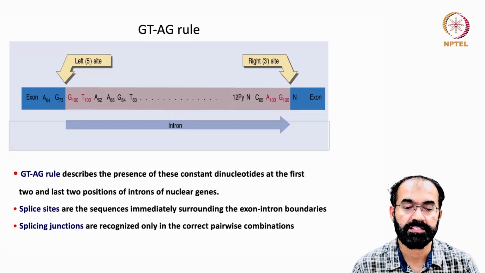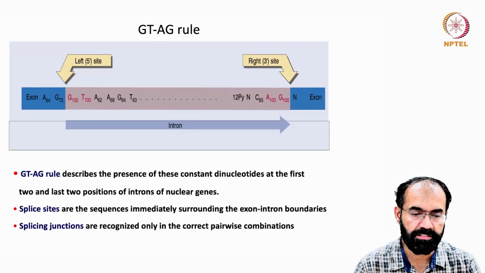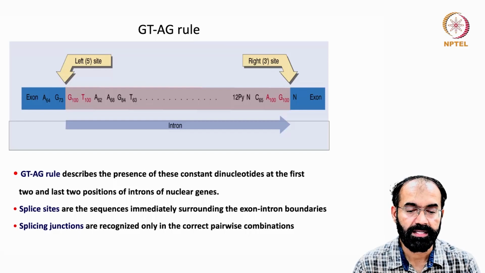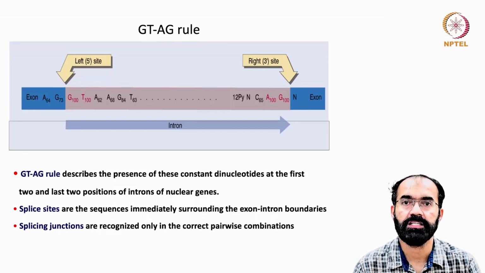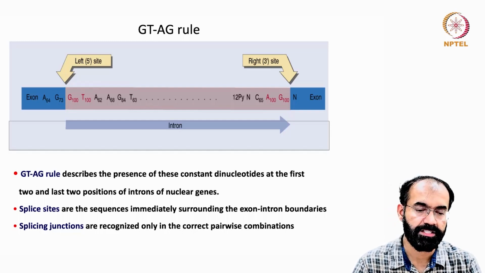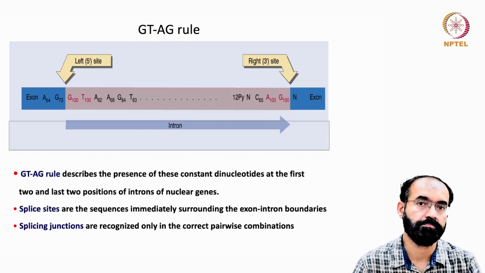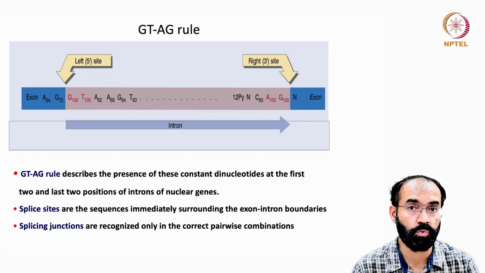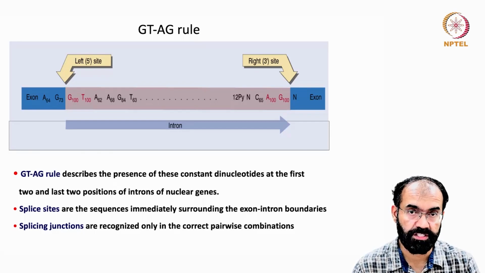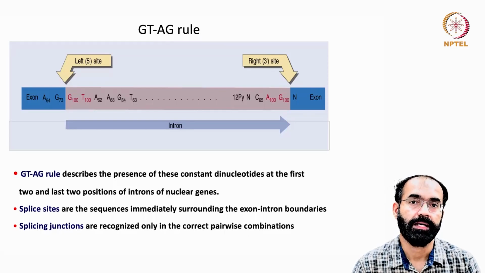In the previous class, we were looking into the boundaries of exon and intron. Rather, we were trying to find out whether any variations are tolerated at certain bases, because we know that GU and AG are an unquestioned rule: the intron starts with GT, or GU in the case of RNA, and ends with AG.